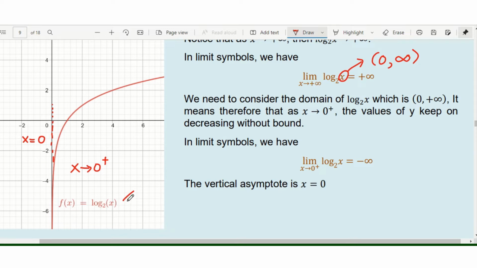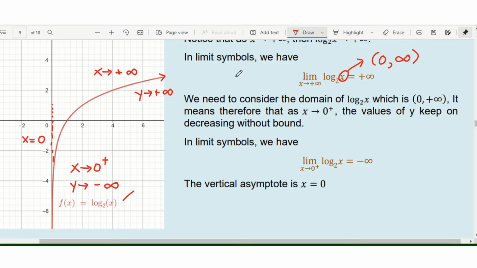However, x can just keep on moving closer to 0. And when we observe the behavior of y as x keeps on approaching 0 from the right, y keeps on decreasing. However, if you observe the increasing values of x, y also increases infinitely.